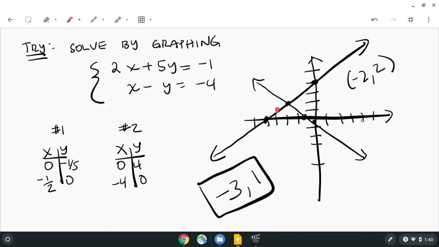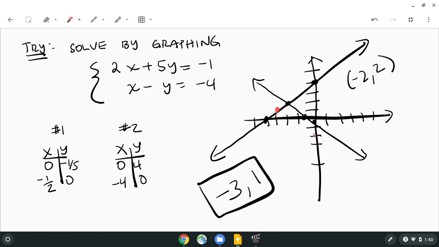If you ended up with a point that's way down here, you're not even close. You're not within like a 1 unit radius circle away from your answer. You're way out here in a whole different quadrant. Then you're really off, and there's probably some mistake in your answer.